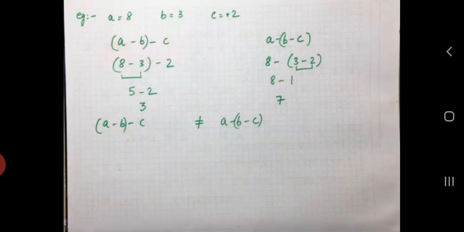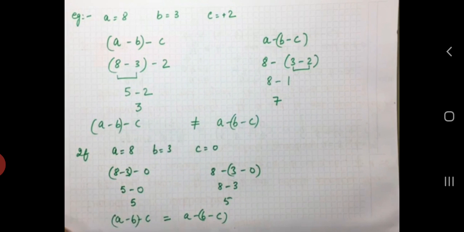But if c is 0, what will happen? Let's see. Here we considered a as 8, b equals 3 and c equals 0. And you can see the solution. 8 minus 3 minus 0 is equal to 5 minus 0, that's equal to 5, and 8 minus (3 minus 0) is equal to 8 minus 3, and this is equal to 5.